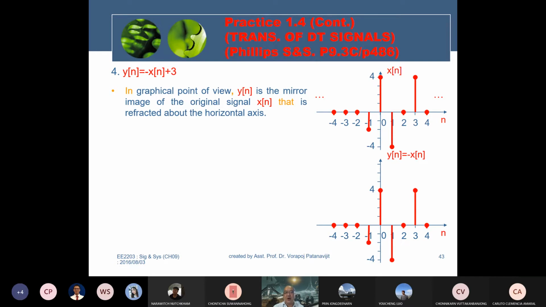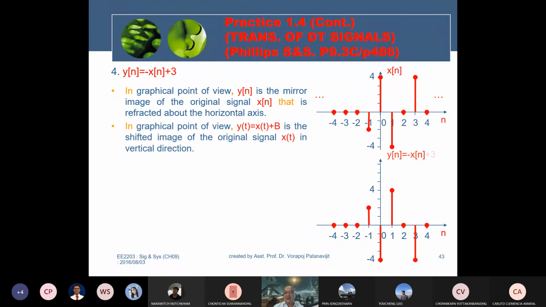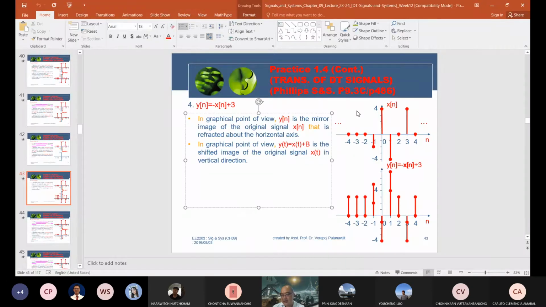From the graphical point of view, y[n] is the mirror image of the original signal x[n], that is, reflected about the horizontal axis. Flip with respect to the horizontal axis first, and you shift the amplitude later. From the graphical point of view, y[n] equal to x[n], not x(t).